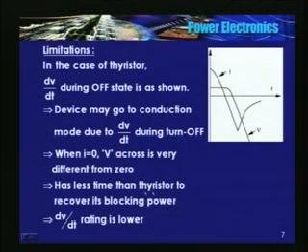So that other thyristor may get triggered because of this dV by dt. Or in other words, a triac has less time than the thyristor to recover its blocking power. See, I have written here, it has less time than the thyristor to recover its blocking power. Or the dV by dt rating is less for the triac.